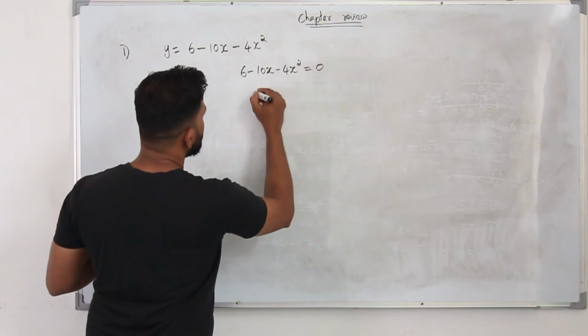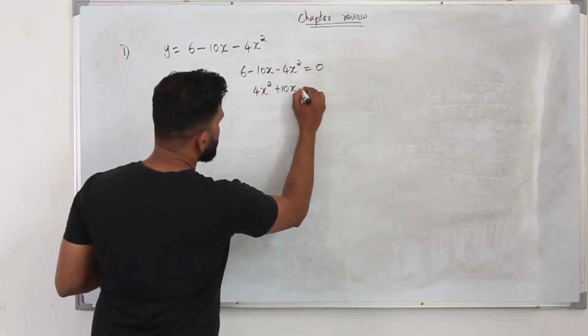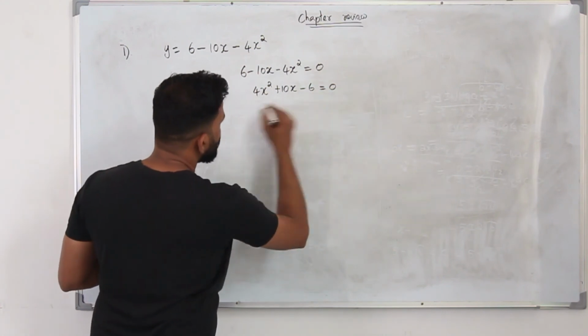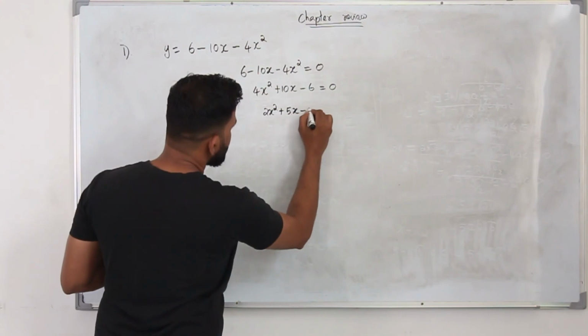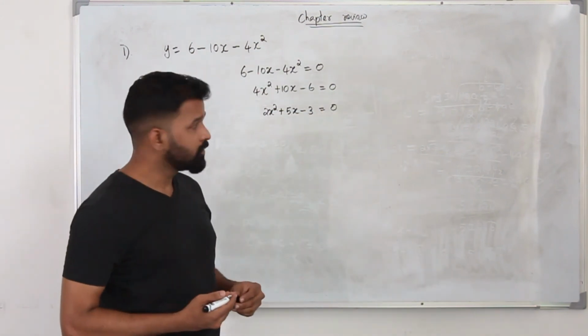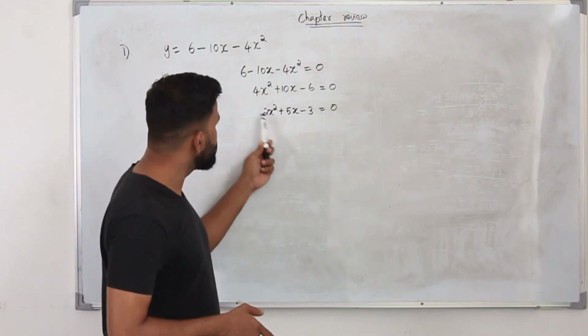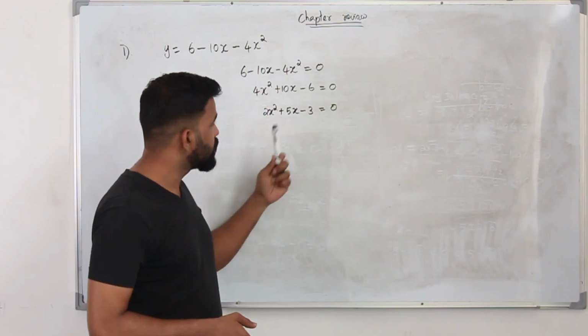Maybe you multiply everything by minus, it becomes 4x squared plus 10x minus 6 is 0. Or divide by 2, 2x squared plus 5x minus 3 is 0. Now use any method to solve this equation and find the two roots.